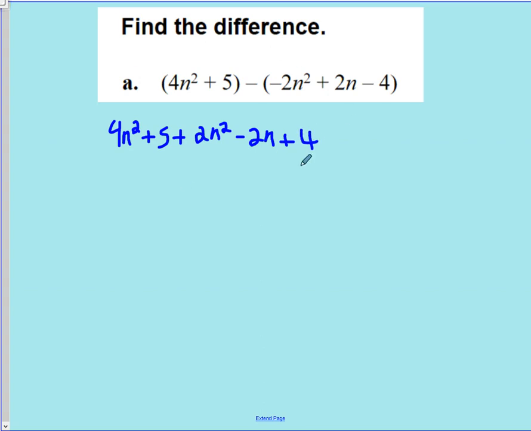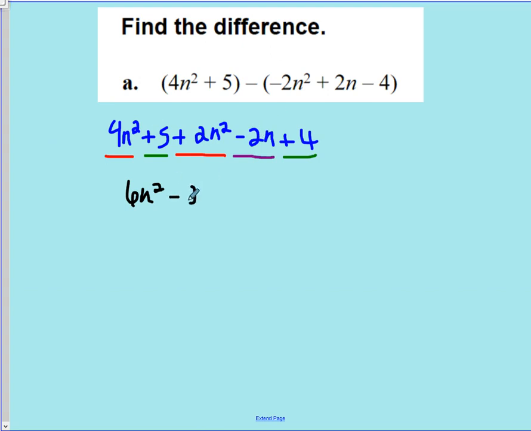Okay, now all I need to do is start combining my like terms. So I've got a 4n squared and a positive 2n squared. I've got a 5 and a positive 4. And all alone I've got this negative 2n. So 4n squared plus 2n squared is 6n squared. I'm going to make sure that my degrees are in the correct order, so I'm going to go negative 2n.